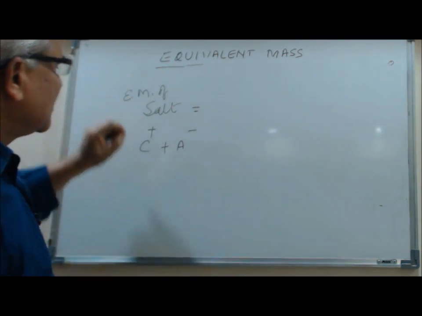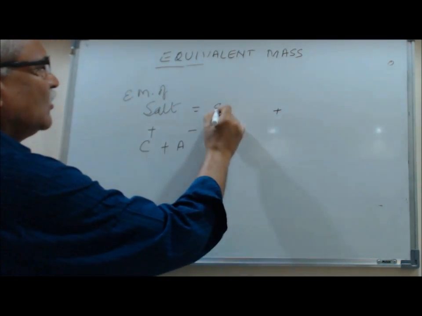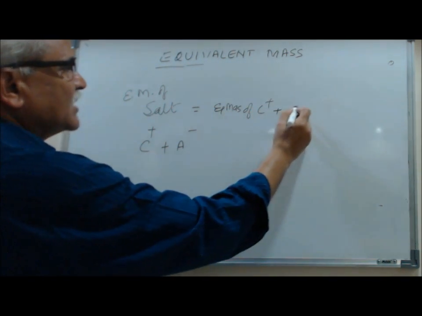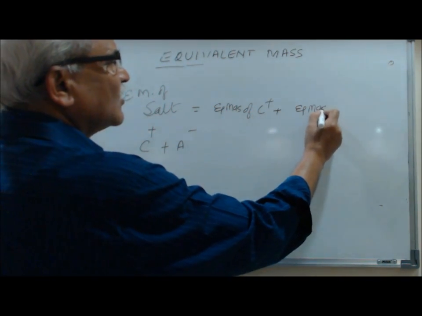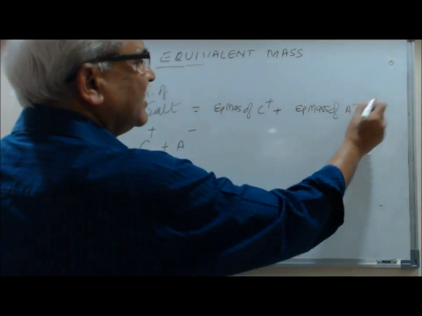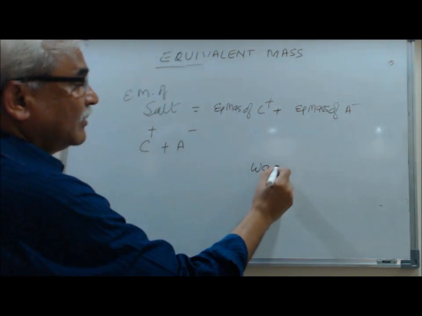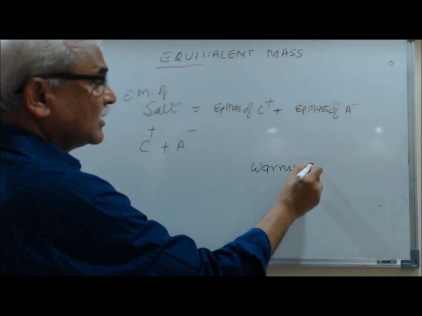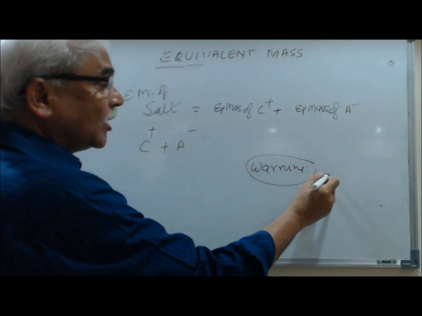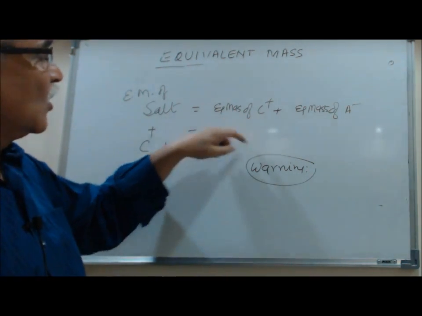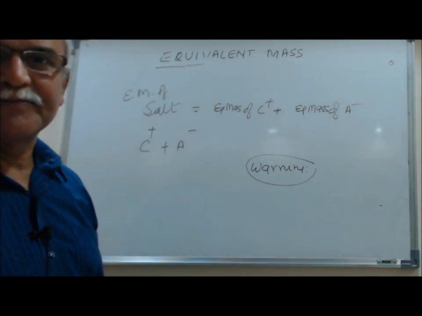Equivalent mass of the salt simply will be the sum of the equivalent mass of the cation plus the equivalent mass of the anion. Very simple. Warning, please take note of this. Do not multiply this by the number of cations if it is more than 1.